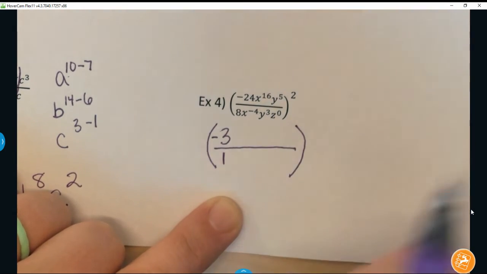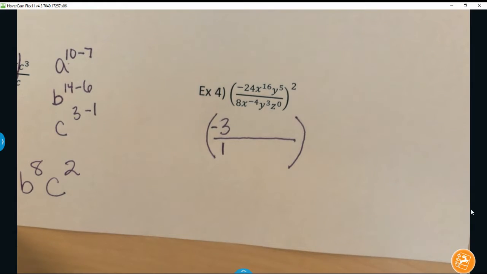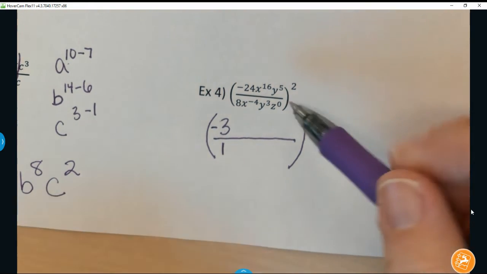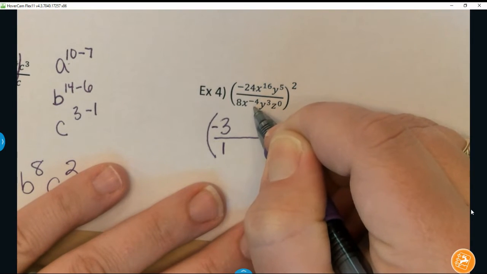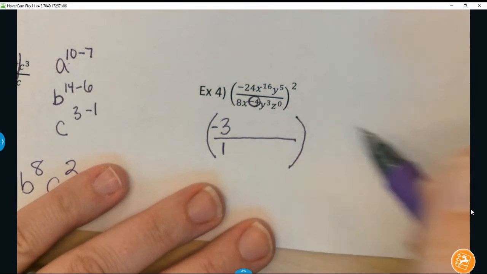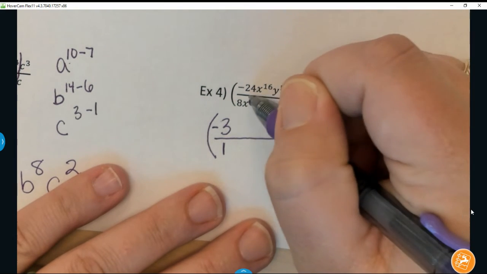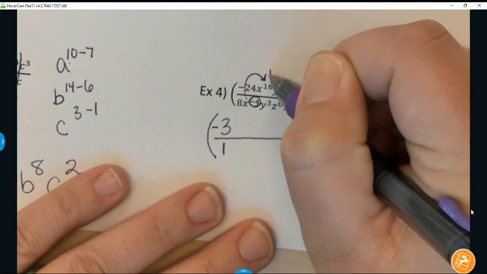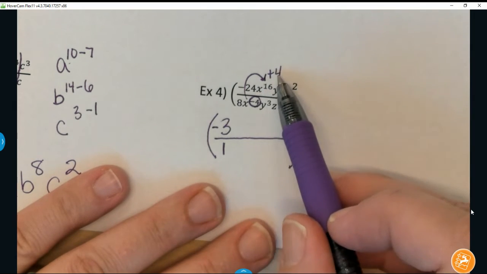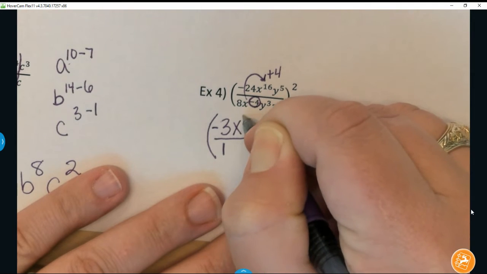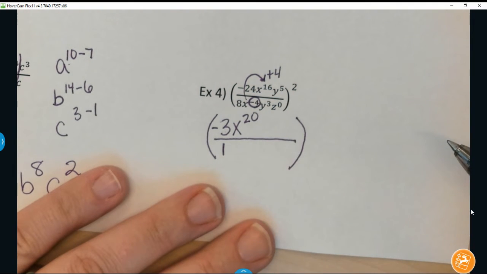Because I know that 8 has gone into negative 24 3 times, and 8 goes into 8 1 time. Next up, I have my x's. So if you notice right here, that's a negative. So if I bring it to the top, that's going to become a positive 4. So I have x to the 16th power plus 4. That gives me x to the 20th.